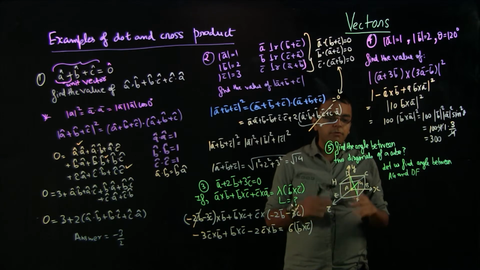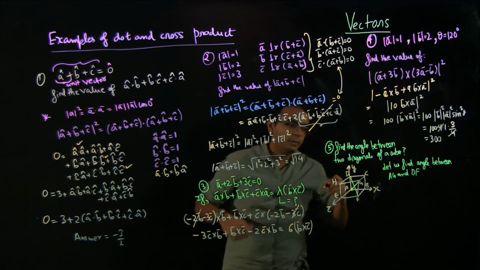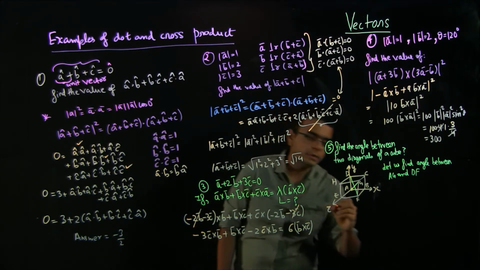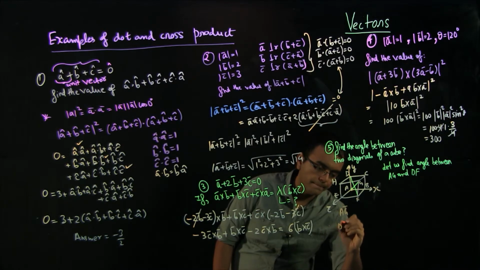You can pick any two diagonals, but let us pick AG and DF, and find the angle between AG and DF. We need to find vector AG and vector DF. That is the idea behind the problem, so let us find AG vector and DF vector.